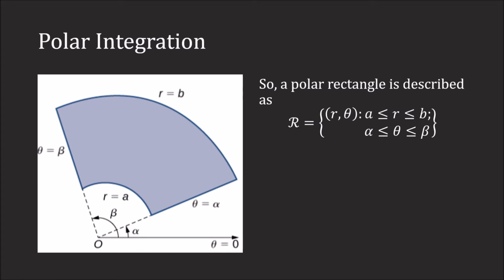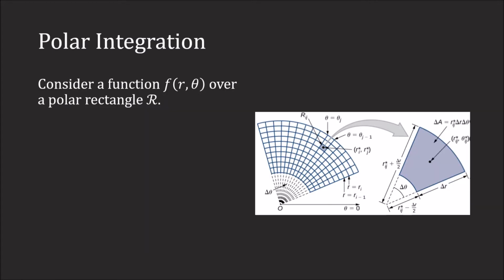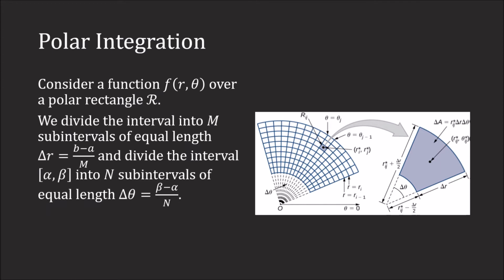Now consider a function f of (r, theta) over a polar rectangle R. Much like we did in Cartesian, we divide the interval into m subintervals of equal length, delta r equals (b minus a) over m. And we divide the interval [alpha, beta] into n subintervals of equal length, delta theta equals (beta minus alpha) over n.